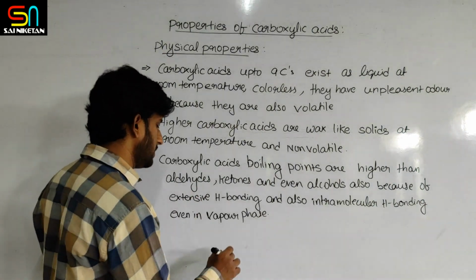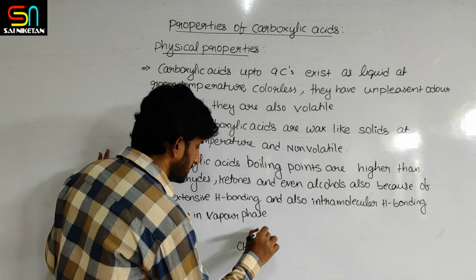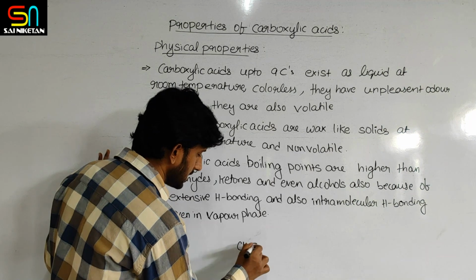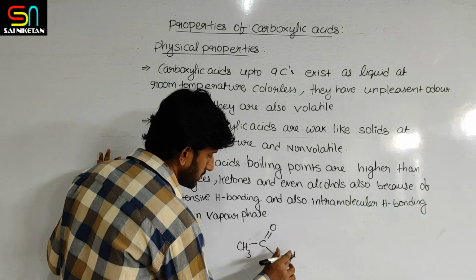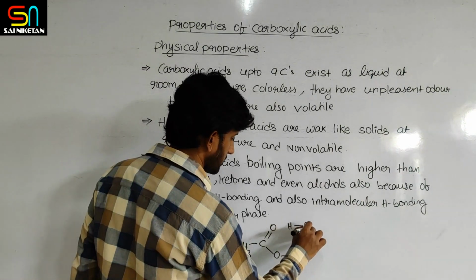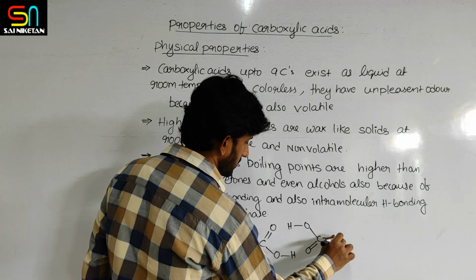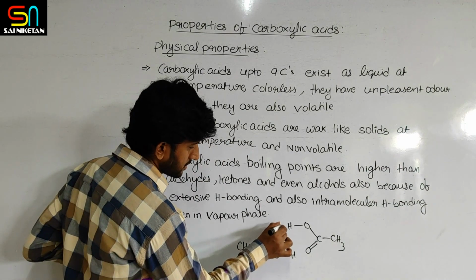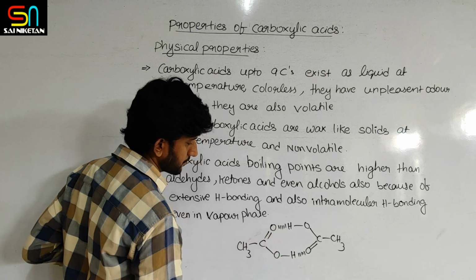Example, let us take the acetic acid dimer. This is one molecule of acetic acid. This is the second molecule of acetic acid. Here the hydrogen bonding is present between them.